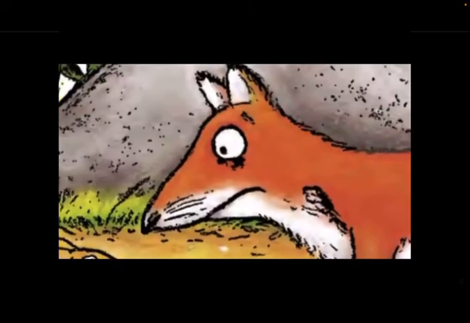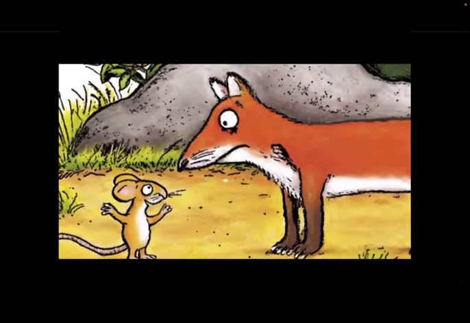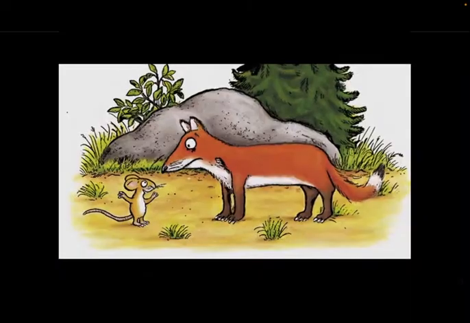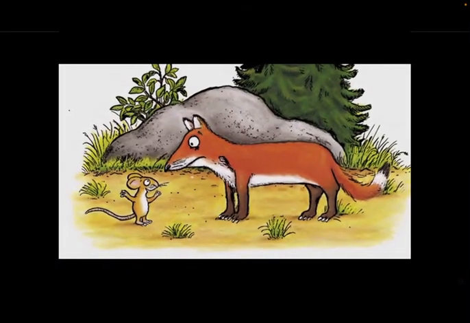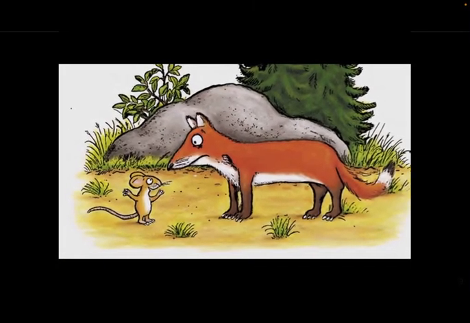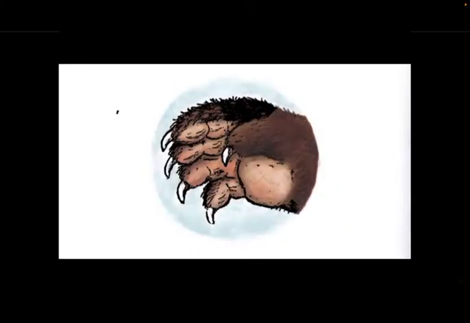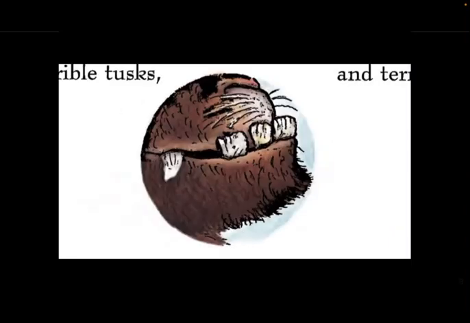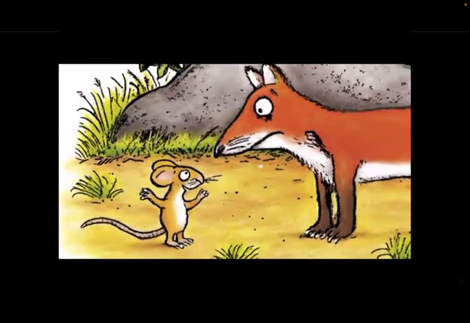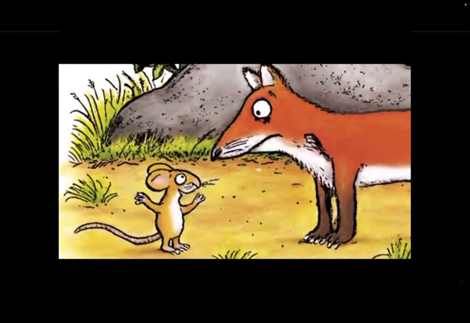A Gruffalo? What's a Gruffalo? A Gruffalo? Why? Didn't you know? He has terrible tusks and terrible claws and terrible teeth in his terrible jaws. And where are you meeting him?